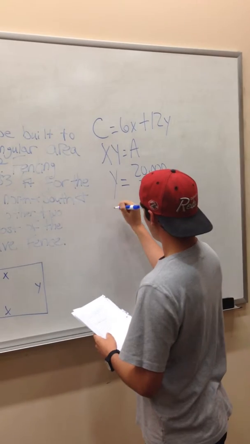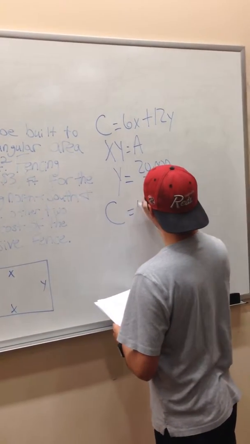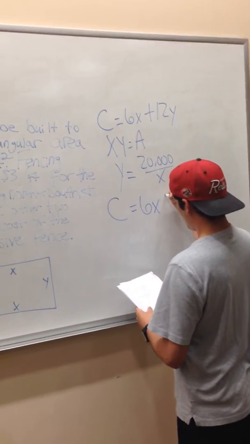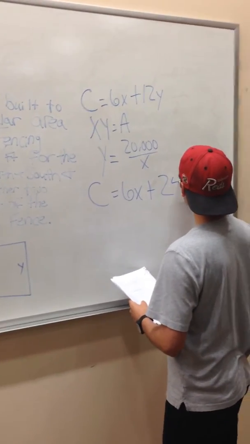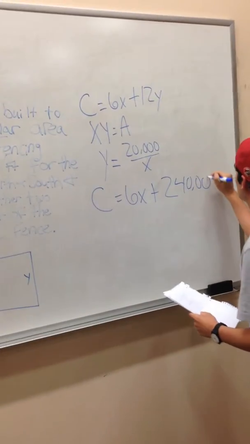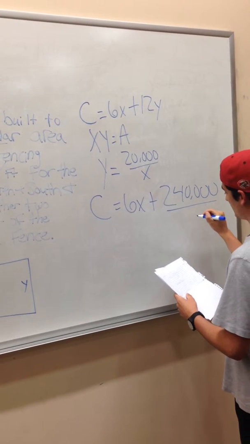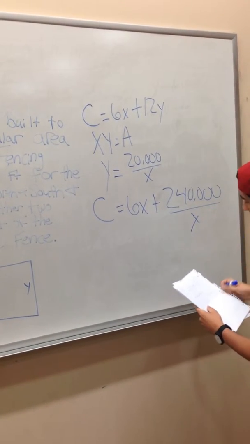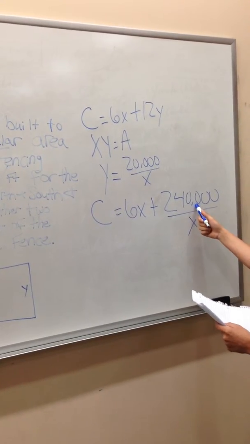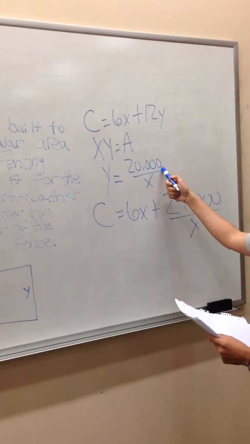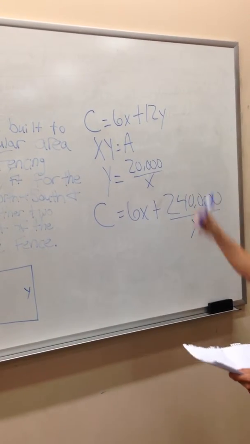So C will equal 6x plus 240,000 over x. And we get this 240,000 from the 20,000 times 12, which is our y.